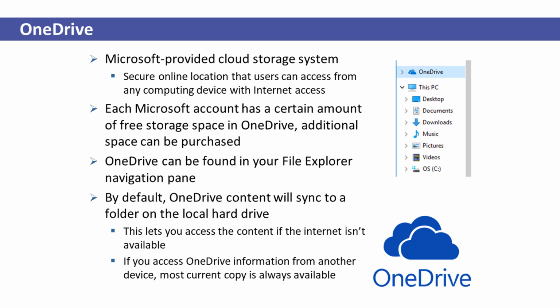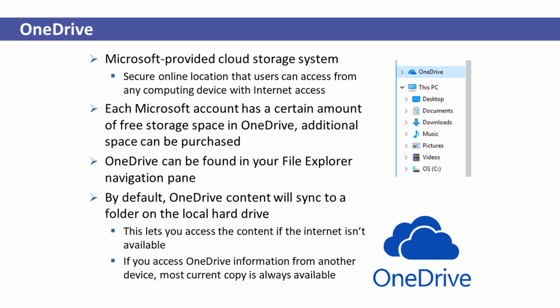OneDrive can be found in your File Explorer navigation pane, so you will see an actual entry there for OneDrive. And by default, OneDrive content syncs to a folder on your local hard drive. So although it's up in the cloud, it also syncs down to your local hard drive.